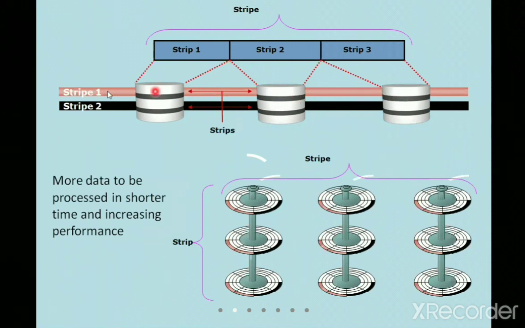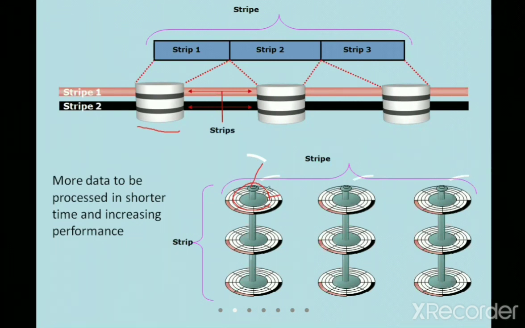The first platter is called the first stripe, then the second stripe, and like this you will have a lot of platters available, and along with this you are going to store the data. These are all the sectors, these are all the tracks, and here is the spindle which will be rotating, and here your read and write operations will be performed.